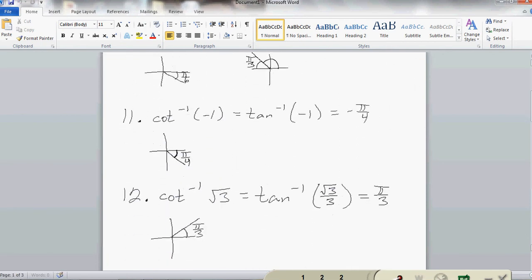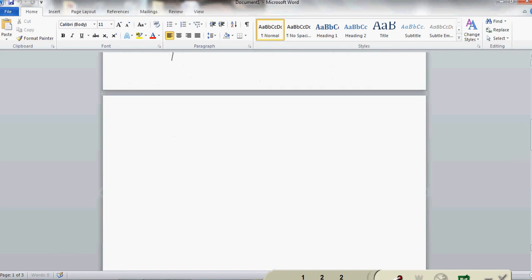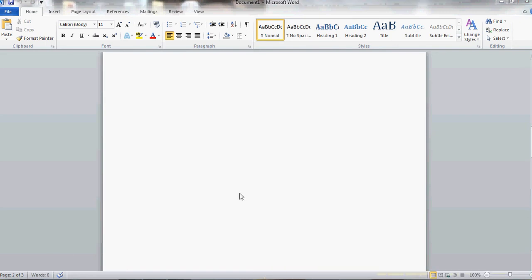Example 13 will be the final example for this particular section. And it says use a calculator. The calculator simply means plug it in as best as we can and then go from there.